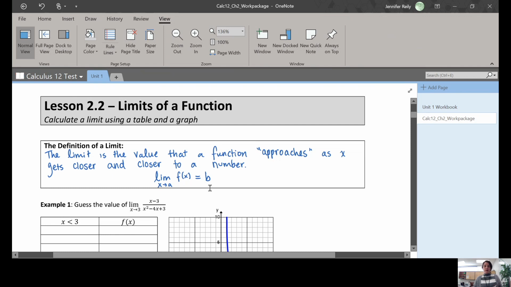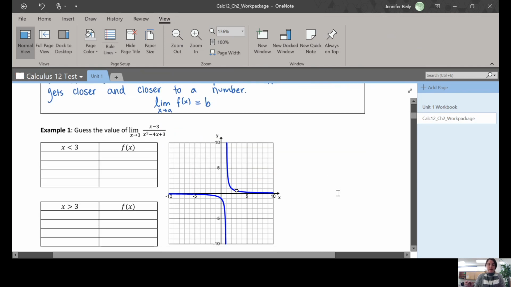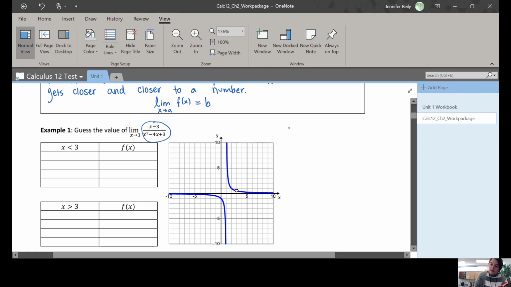Okay, so we're going to do an example now for a rational function. Let's look at this function here. So here our function is x minus 3 over x squared minus 4x plus 3. And let's pretend we don't have the graph of this. We're just interested in some values of this function. And let's say we start plugging in using your calculator.